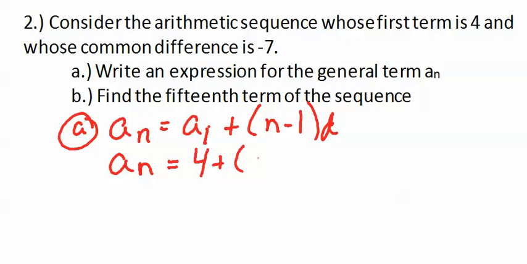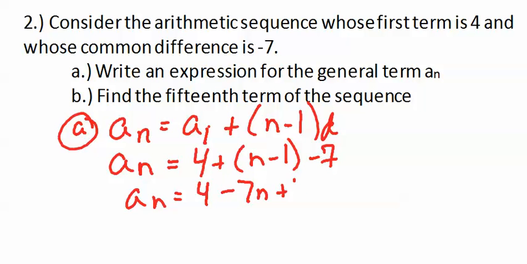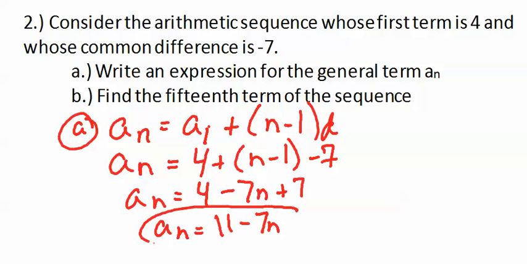We're going to add the quantity n minus 1 times the common difference, which is -7. We're then going to distribute the -7 to the quantity. So it'll be minus 7n plus 7. And then we'll simplify that a little. 11 minus 7n. And this right here will give us a general expression for any term within the sequence.